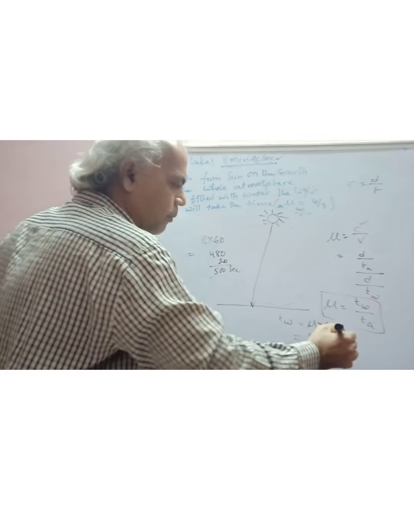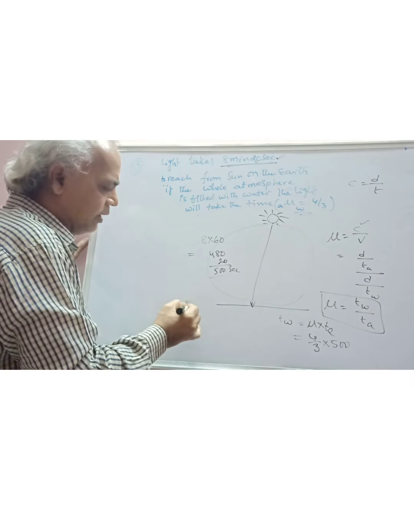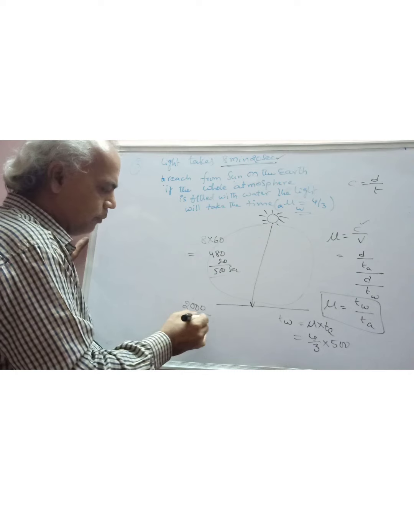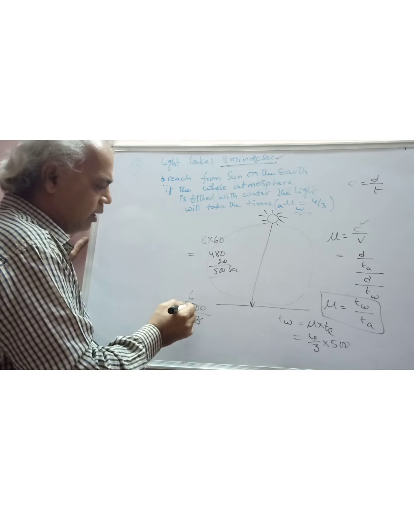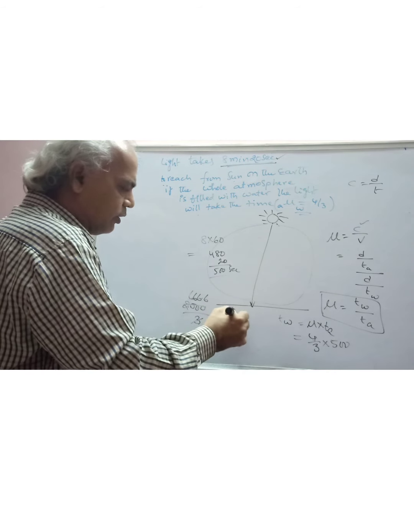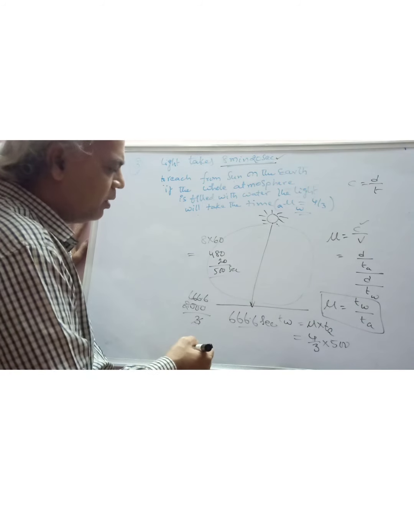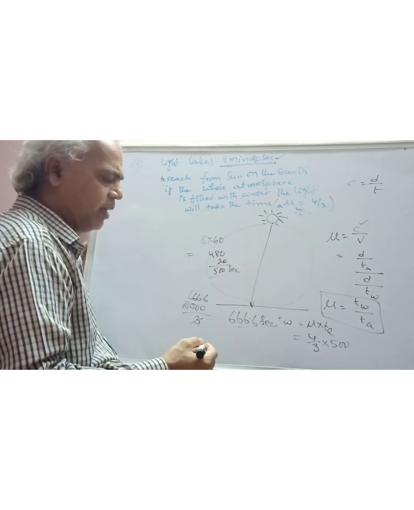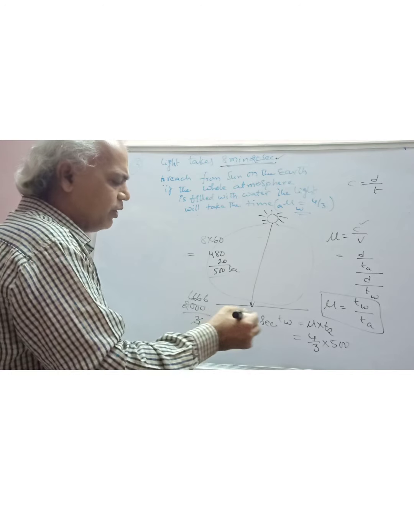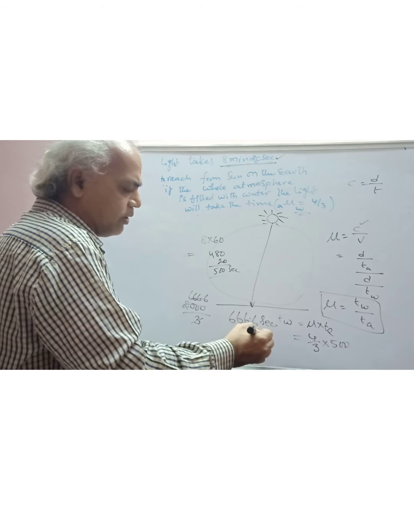So 4/3 into 500, that is equal to 2000 by 3, 666.6 seconds. It is about 11 minutes. 11 into 60 is 660, so 66. It will be equal to 11 minutes.